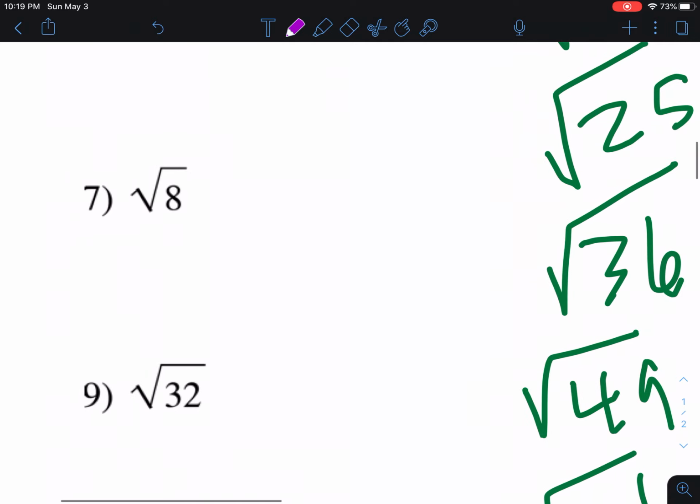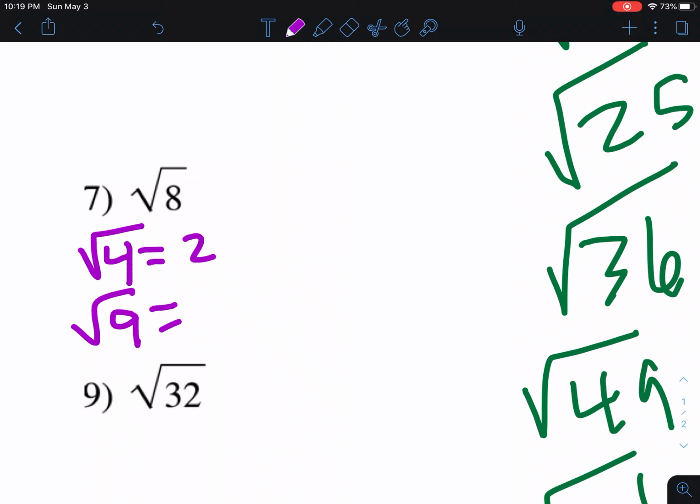Now, which two square root numbers that we know is this in between? This is going to be in between the square root of 4, which is 2, and the square root of 9, which is 3. So it's going to be 2 point something. We'll figure out what it is here in just a second.